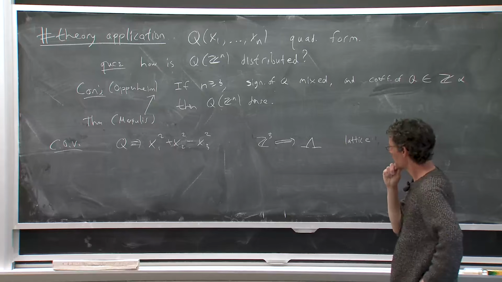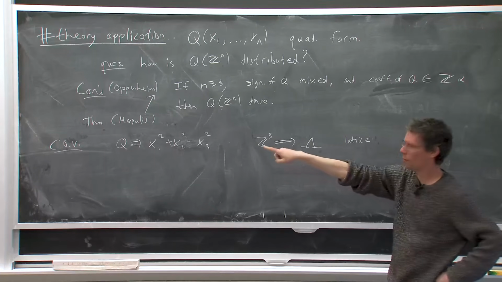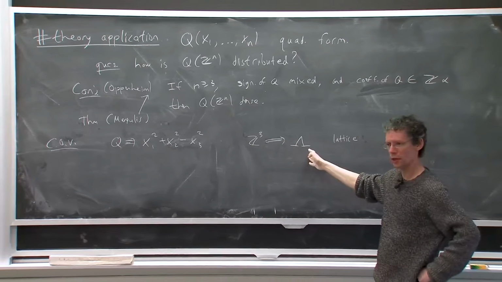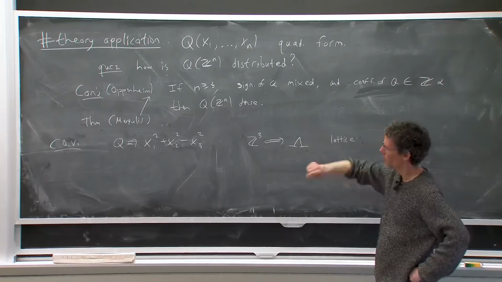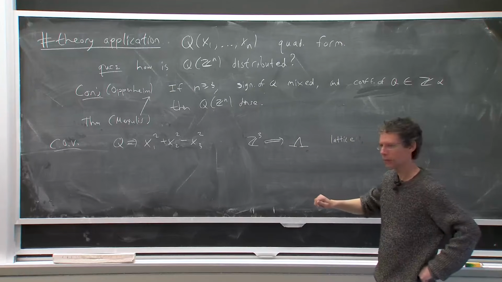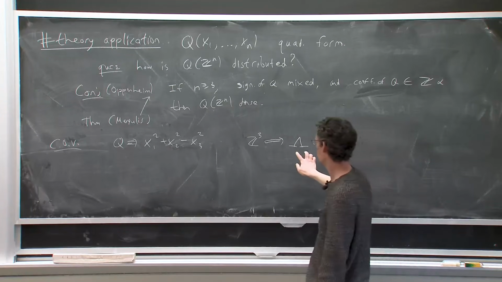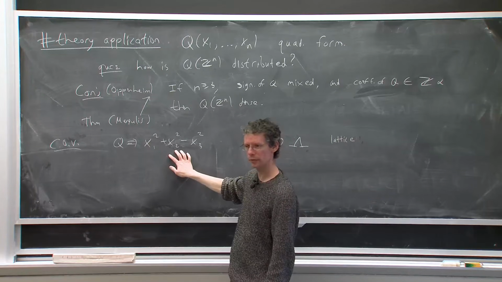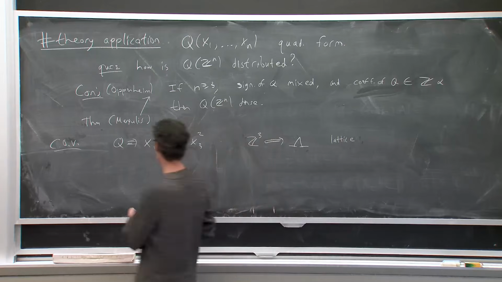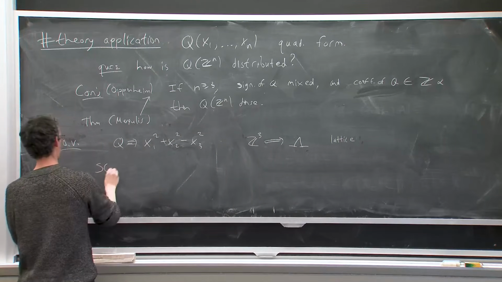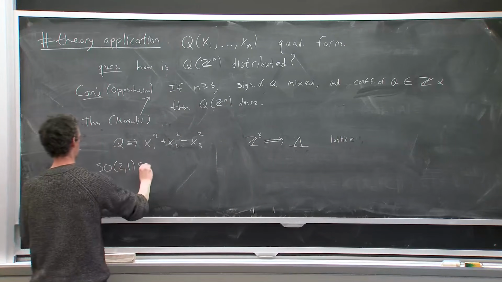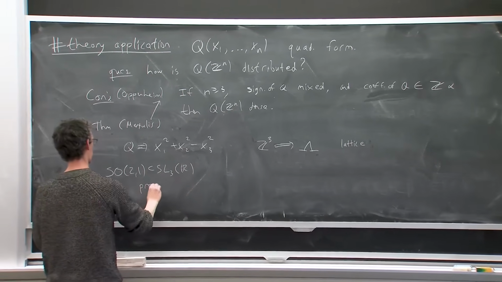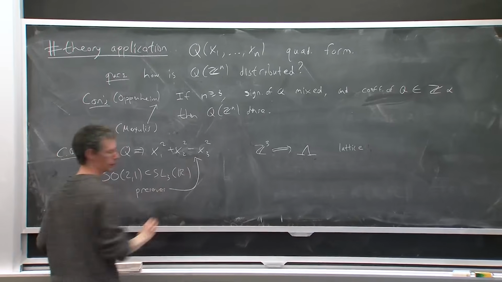OK. So now we have a lattice, which is one point in that space. And we don't know anything about it, really. It could be any point. But why would we have a whole orbit? Well, we have a whole orbit because this quadratic form has a lot of symmetries. So remark, the group SO(2,1) sitting in SL3(R), that preserves this.